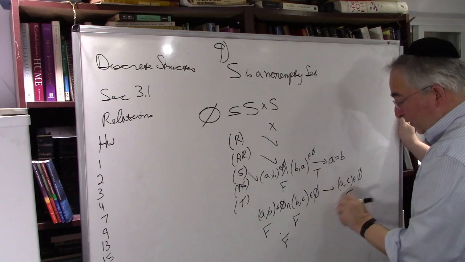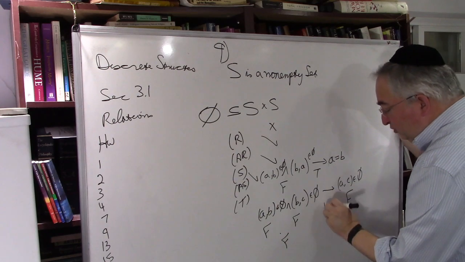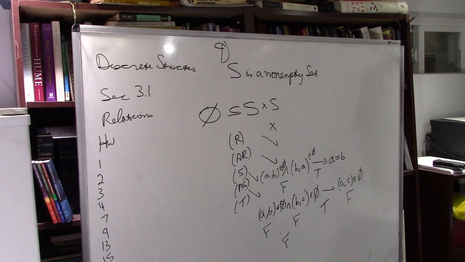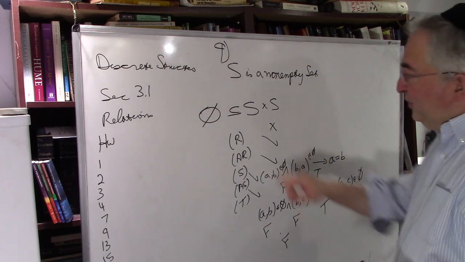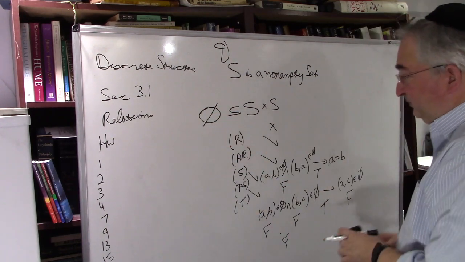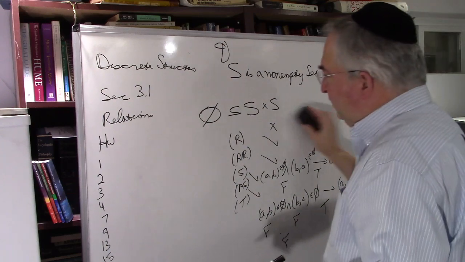This is false too, by the way, but false arrow false is true. So yes, it's transitive. Very interesting. No elements, and it has almost every property. That's very, very interesting. Great, next.